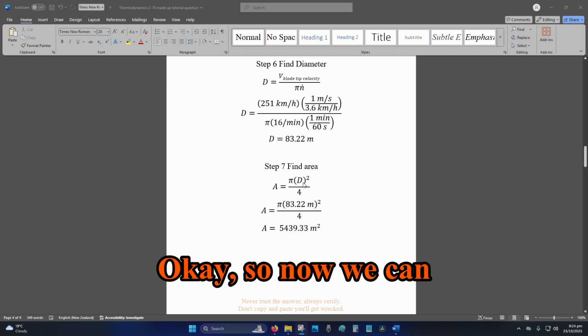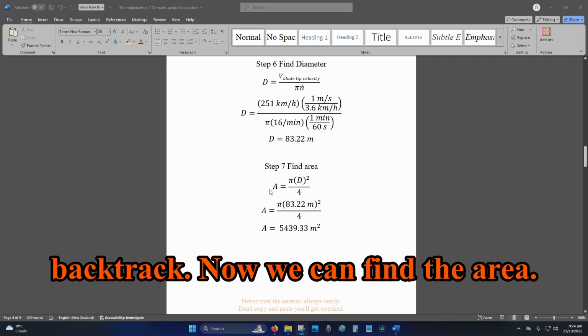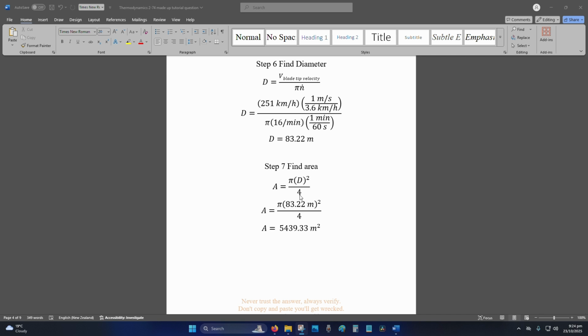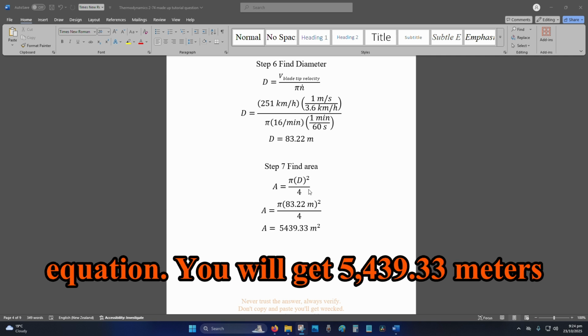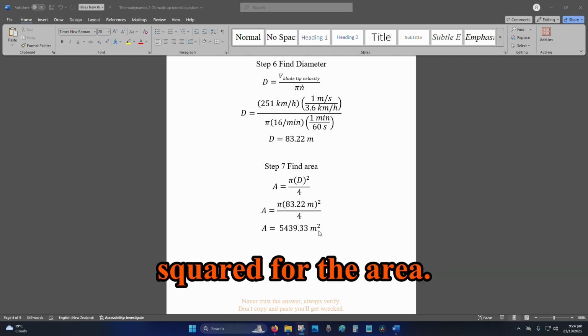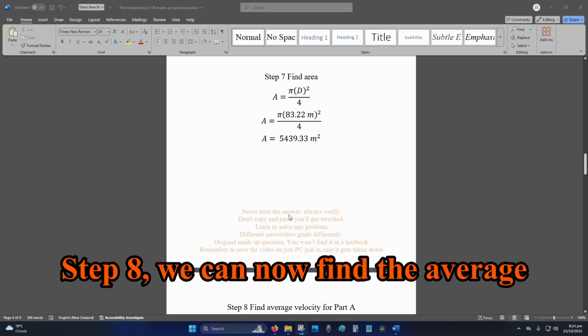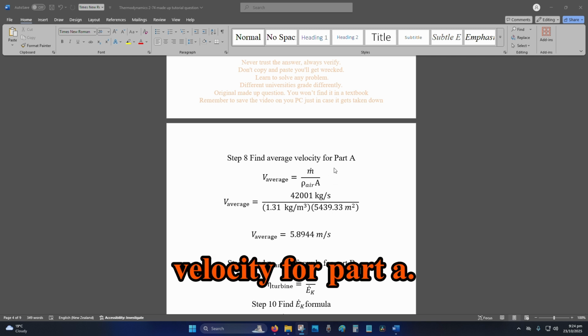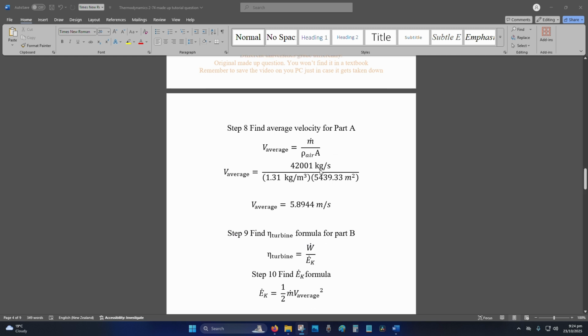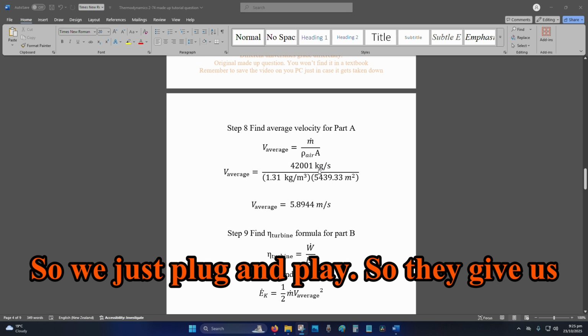Okay, so now we can backtrack. Now we can find the area. You plug that diameter into the equation, and you will get 5,439.33 meters squared for the area. Step 8, we can now find the average velocity for part A. We just plug and play.